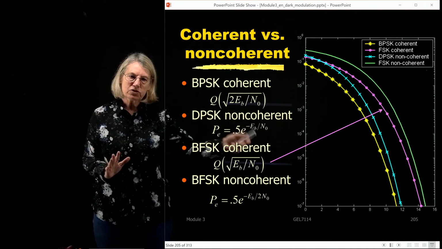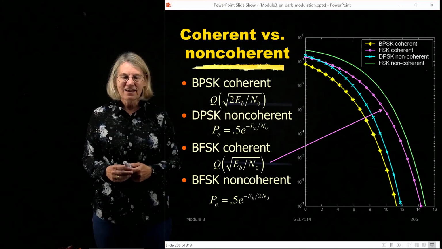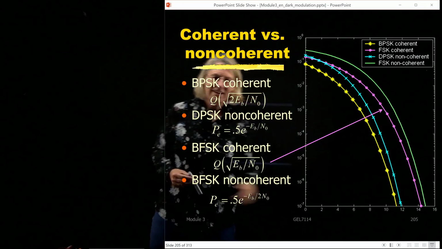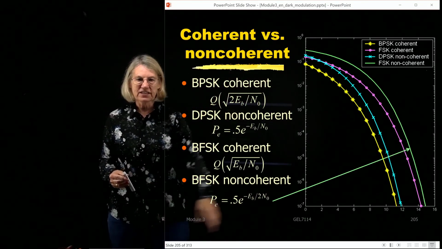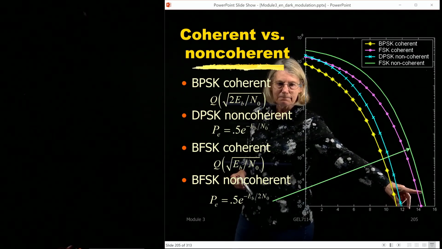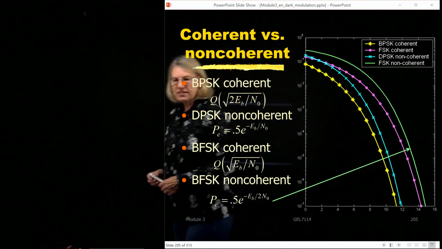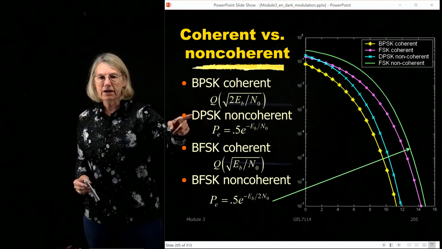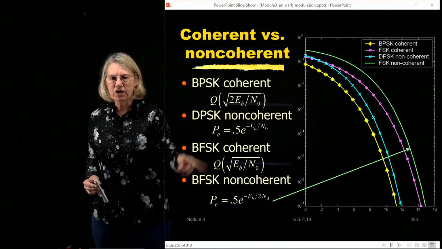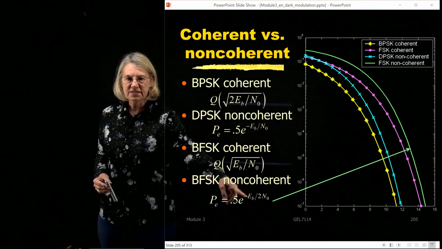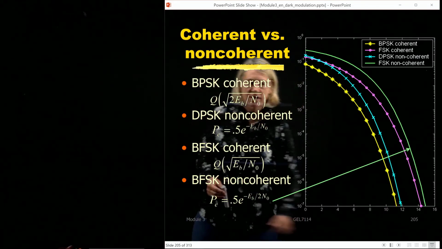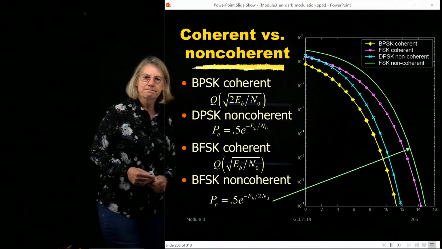And we first looked at binary FSK, which is coherent detection, which is this curve here. And then, of course, if we moved on to the non-coherent, we saw that the performance was very similar. And in fact, if you want to compare DBPSK with BFSK, non-coherent, these two non-coherent ones, you'll see they're almost the same. There's just a factor of 2, which of course is why there's 3 dB between this blue and green curve.